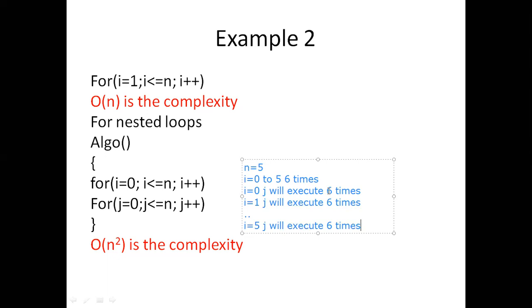For the total worst complexity, we need to take the highest number of times. Here j will execute the highest number of times. i will execute only 6 times, but j will execute up to 36 times.